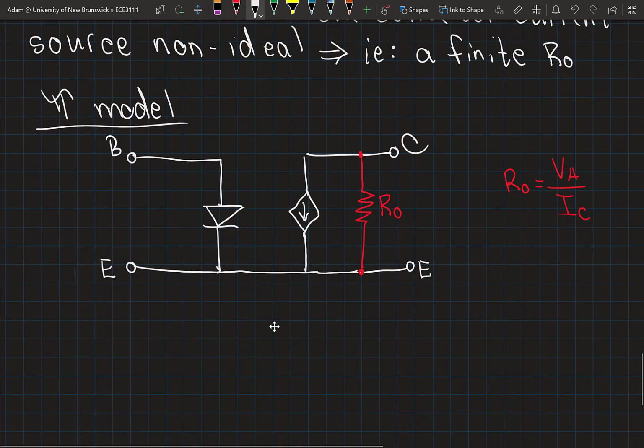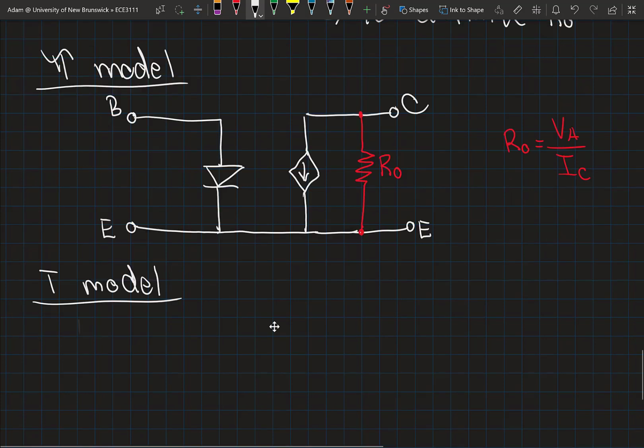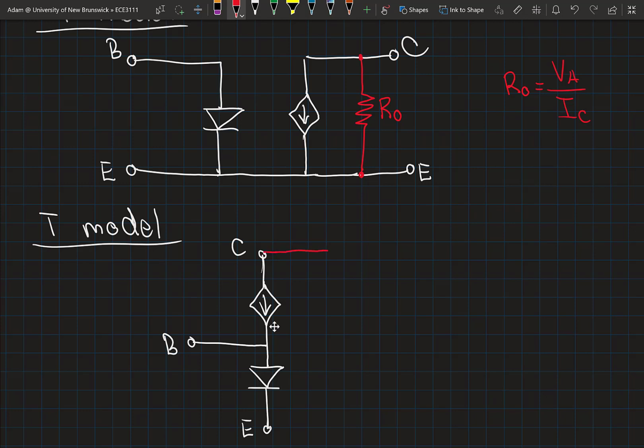Okay, we can do the same modification to the T model to develop an improved T model. So taking our original T model that looked like this, again we're adding an output resistance across the collector to emitter.